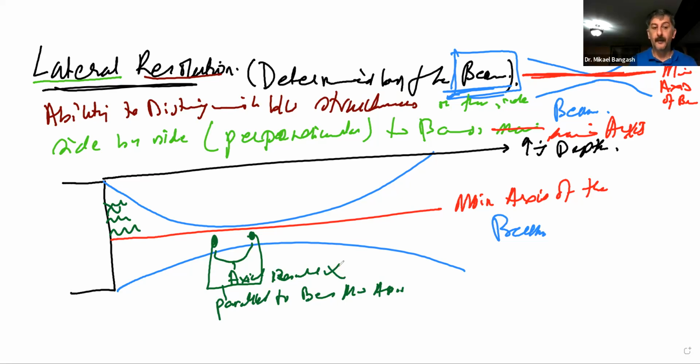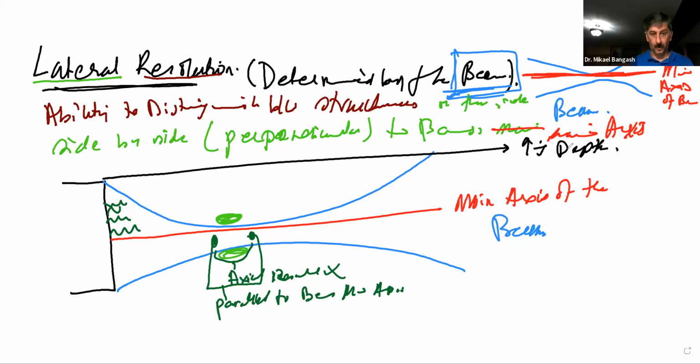Now, your lateral resolution is the ability to distinguish between structures that are side by side, or perpendicular to the beam's main axis. Did that make sense? Okay.